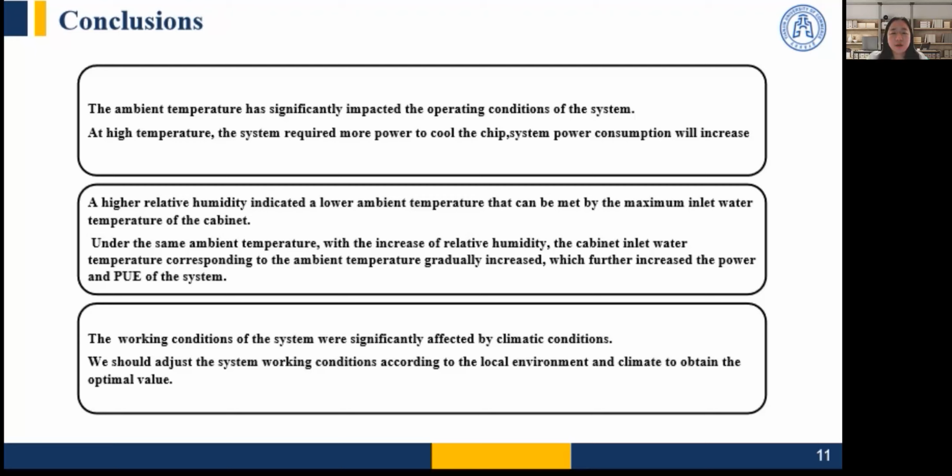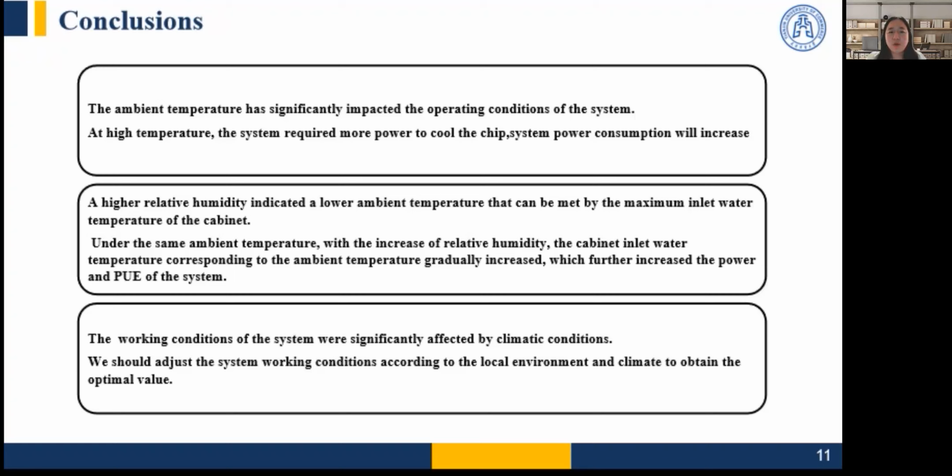3. We studied the impact of the monthly average ambient temperature and the relative humidity on the working conditions of the system from March to October in Tianjin. The research showed that the working conditions of the system were significantly affected by climate conditions.